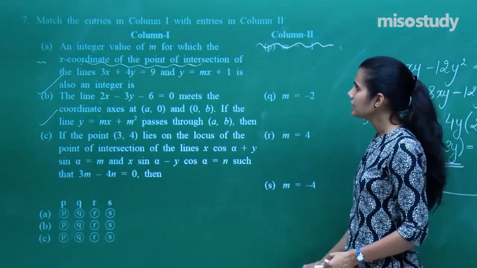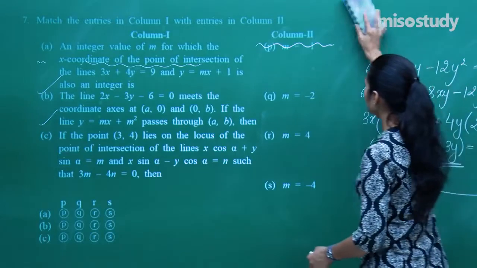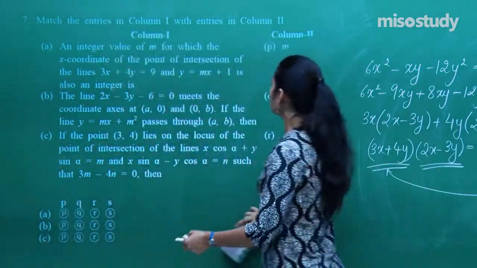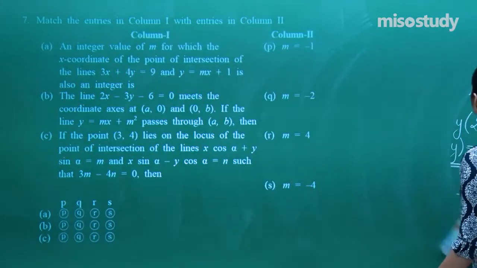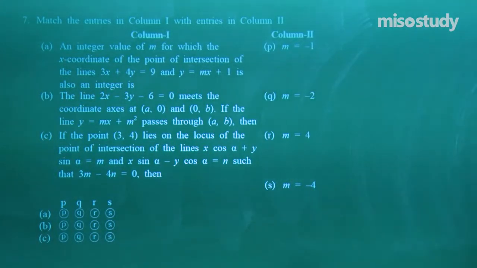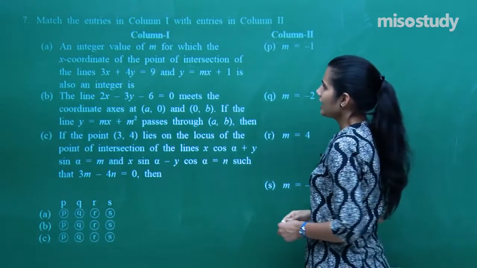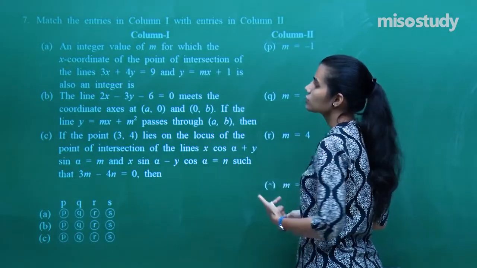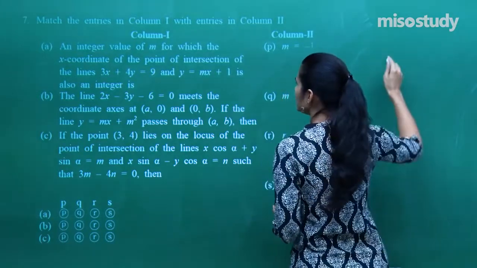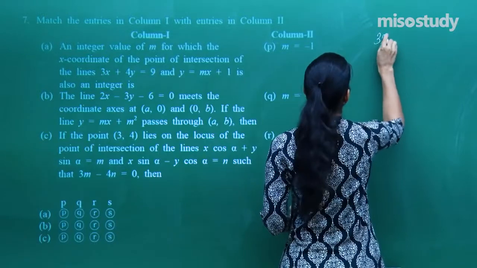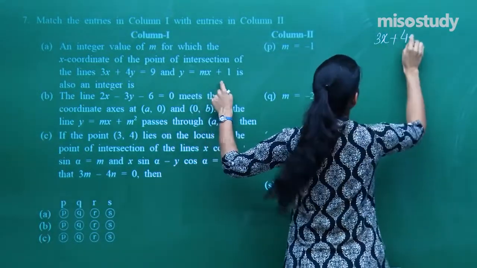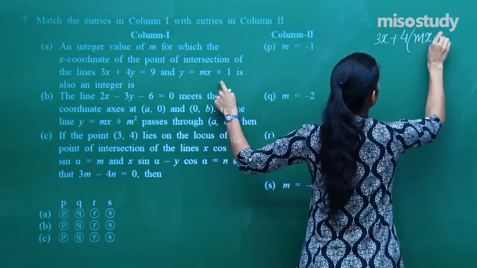Next question says match the entries in column 1 with the appropriate entries in column 2. First one says: an integral value of m for which the x coordinate of the point of intersection of this and this is also an integer. Let's first talk about the point of intersection. 3x plus 4y equals 9, but y I am going to keep as mx plus 1 because both of them are intersecting.